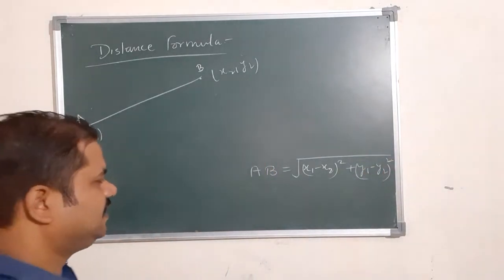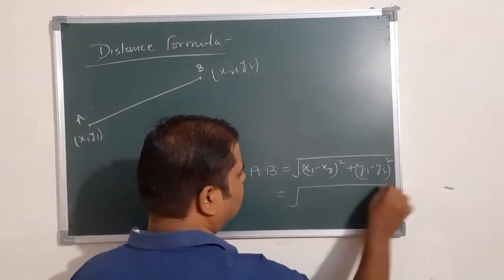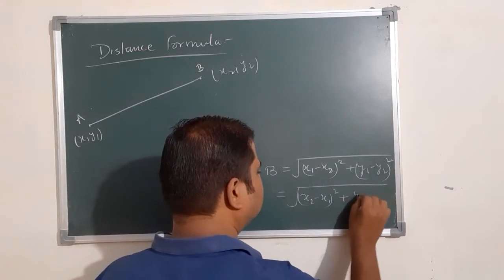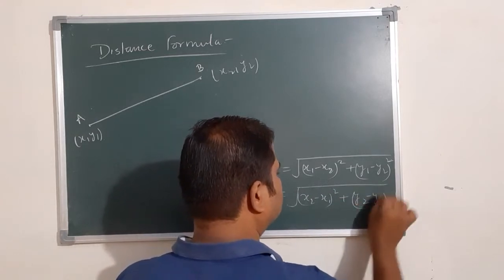Otherwise, you can write it as (x2 minus x1) whole square plus (y2 minus y1) whole square.